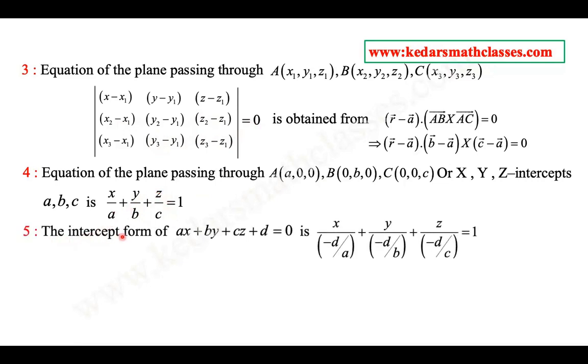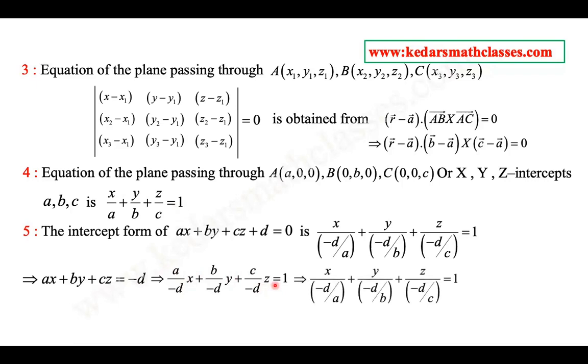If you take a general plane, ax plus by plus cz plus d is equal to 0, this can be converted into intercept form. That is, take the constant to the other side, that is d is taken to the other side, ax plus by plus cz is equal to minus d. To get this, divide with minus d. Then it happens that a by minus d times x, b by minus d times y, plus c by minus d times z is equal to 1.